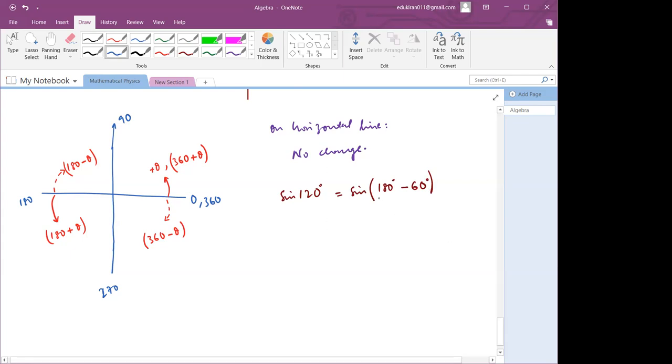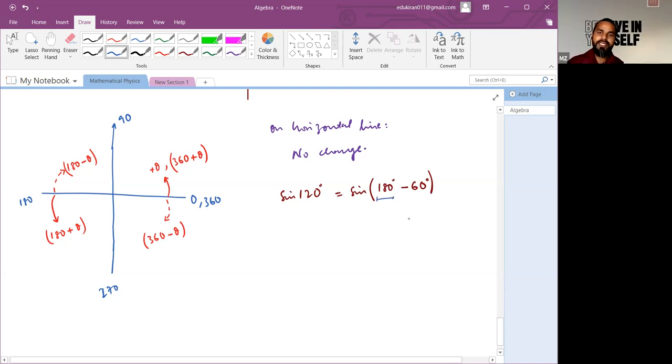Now just see this part. This part is nothing but the horizontal line. So I have a relation on the horizontal line: there will be no change in the trigonometric function. It means if you have sine, it will remain sine. And the next part is 60 degree.